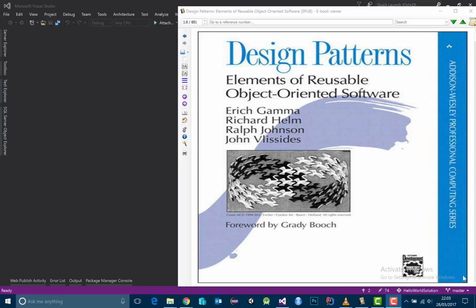But though this is the Bible of design patterns, I would not recommend this book as a first reading.